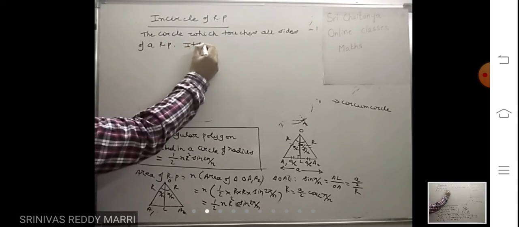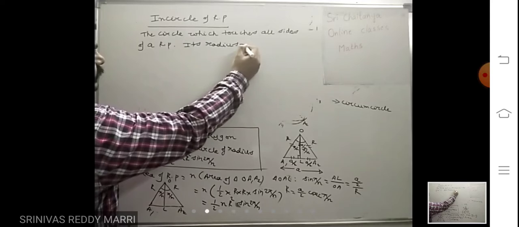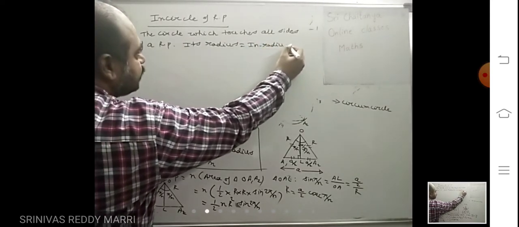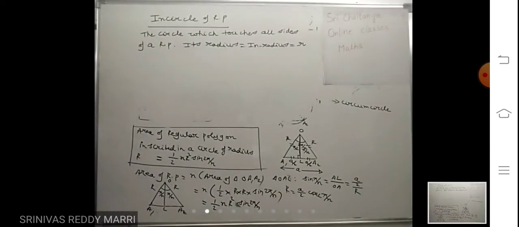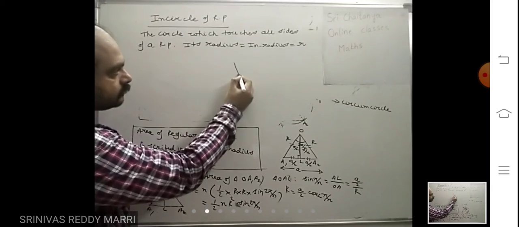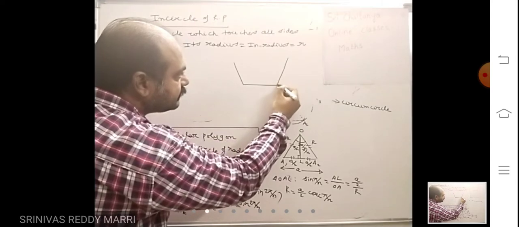Its radius is the in radius. For that circle, the radius is called the in radius. It is denoted by small r. That means the diagram will be like this. Suppose a polygon is there like this.